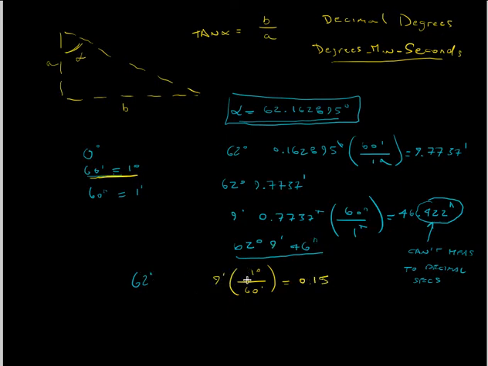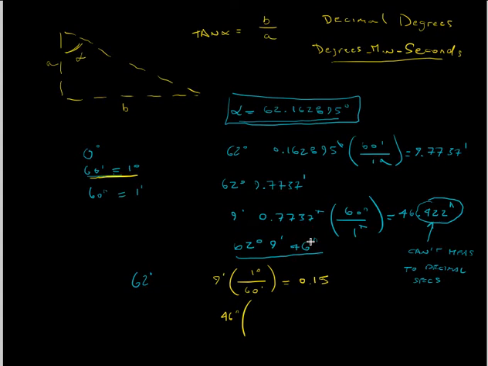And then we have 46 seconds. How many seconds are in one degree? Well, there's 3,600 seconds in 1 degree, because there's 60 minutes, and each minute has 60 seconds.